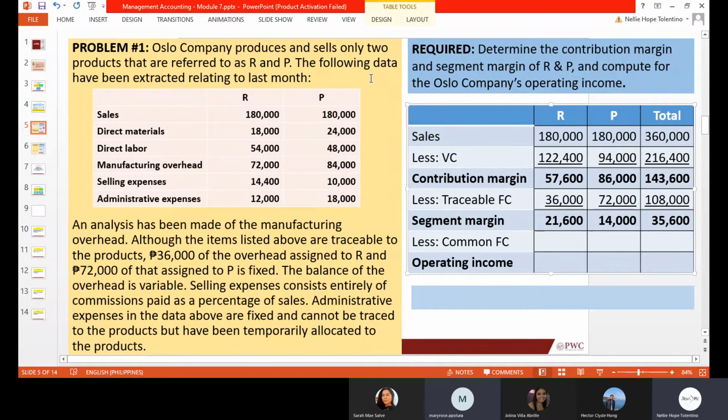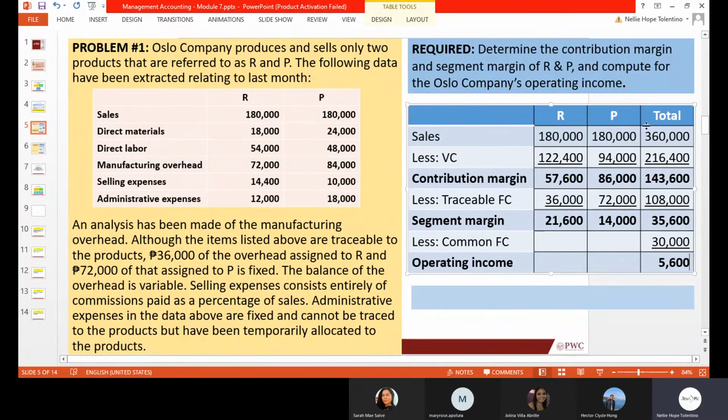Yes, how much? 12,000 sa R and then 18,000 sa P. Total na siya, ma'am, 30,000. Yes, 30,000. So, magkano ang operating income natin? 5,600, ma'am. 5,600.